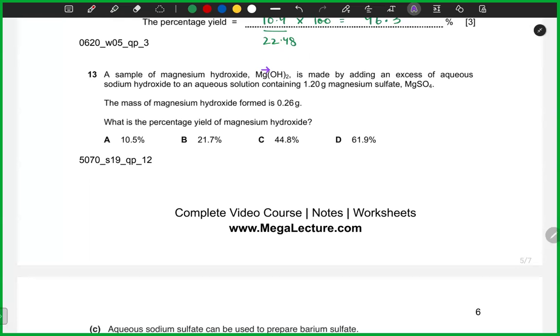He says this is made by adding an excess of NaOH, so he added NaOH. So we need an equation, right? He added NaOH to an aqueous solution containing MgSO4.